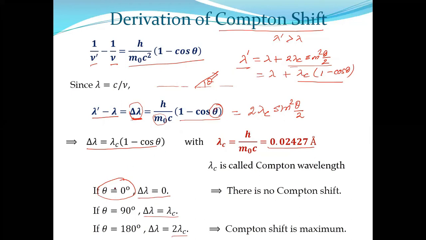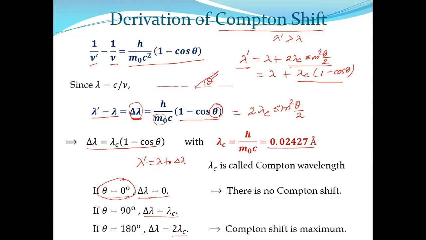So apart from theta equals 0, for any other angle, there is a shift. There is a value of delta lambda. And whenever there is a value of delta lambda, lambda dash, which equals lambda plus delta lambda, will be greater than lambda. This new wavelength is called the modified wavelength. So this is the origin of modified lines.